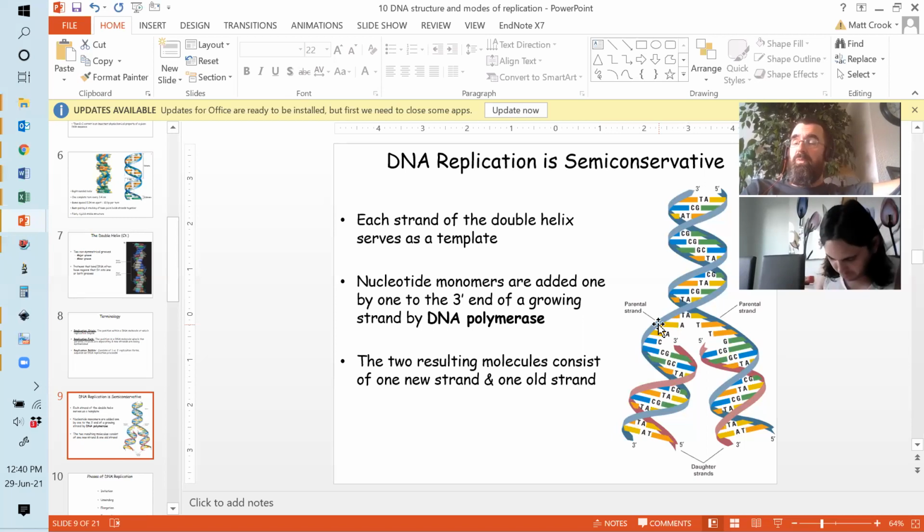So somehow we have to square that. So even though this strand is getting synthesized in the opposite direction of the movement of the replication fork, we need to make sure it's synthesized at the same time and the same rate as the other strand.